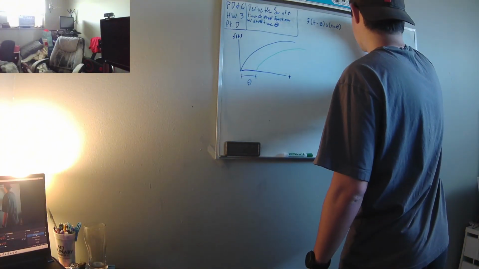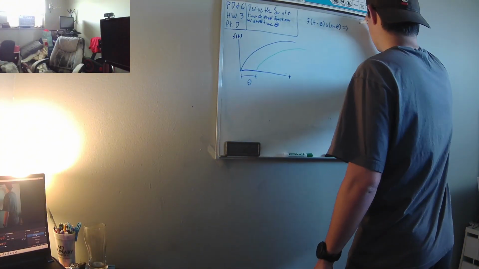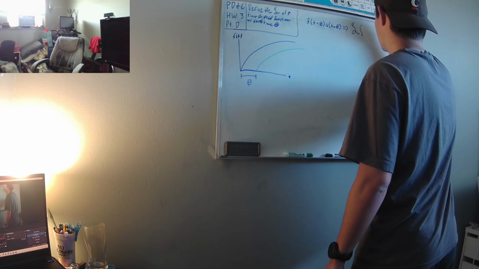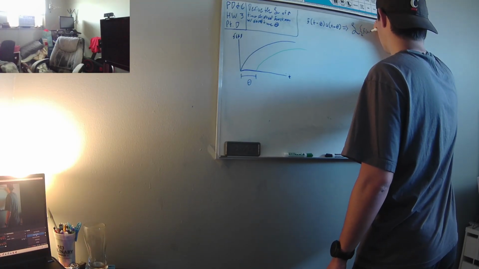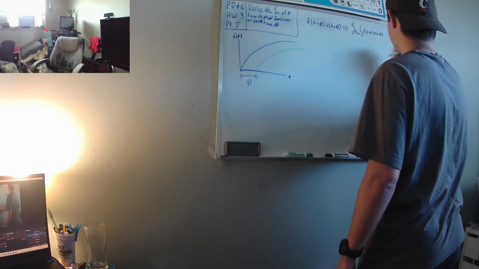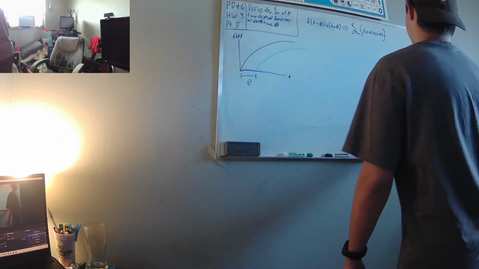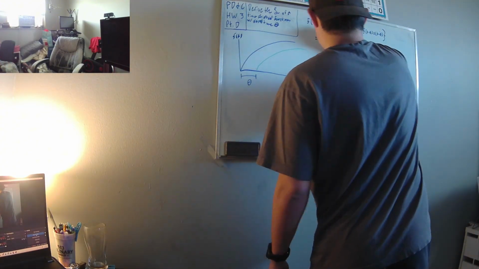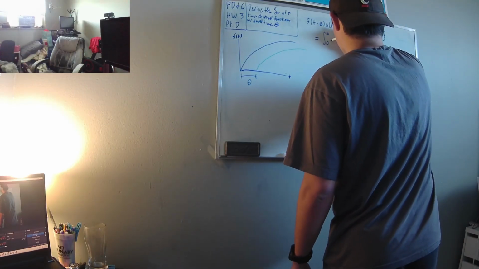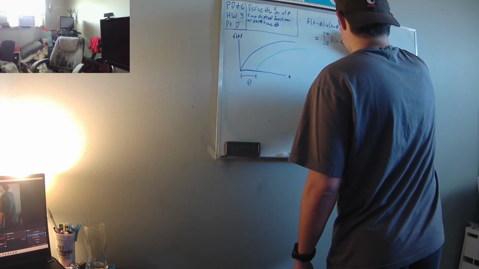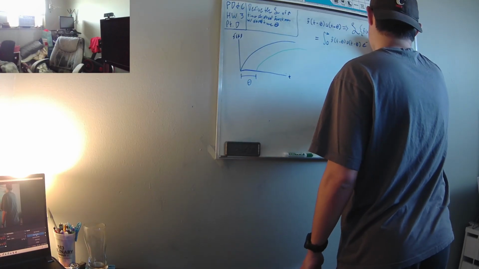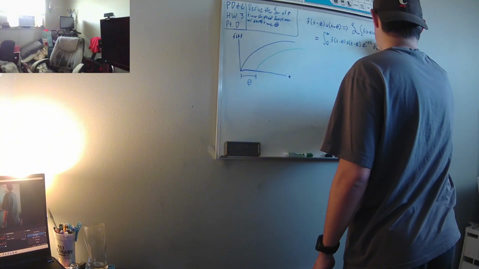And in order to take the Laplace transform of our function f of t minus theta u of t minus theta, we're going to need to say that it's equal to the integral from 0 to infinity of our function f of t minus theta u of t minus theta times e to the minus s t dt.